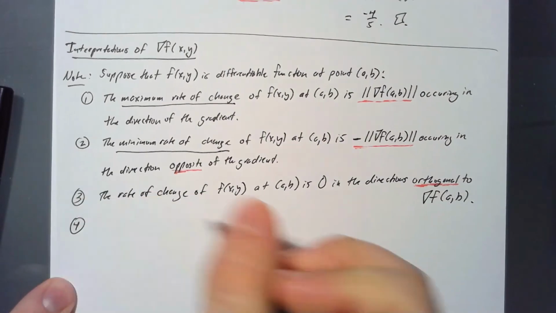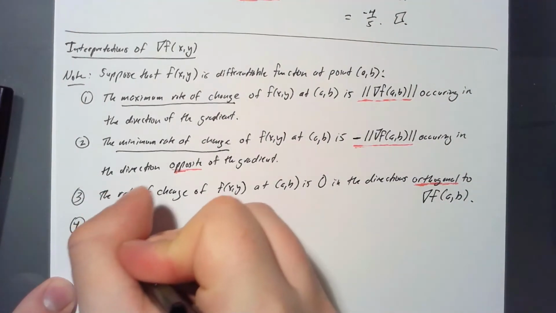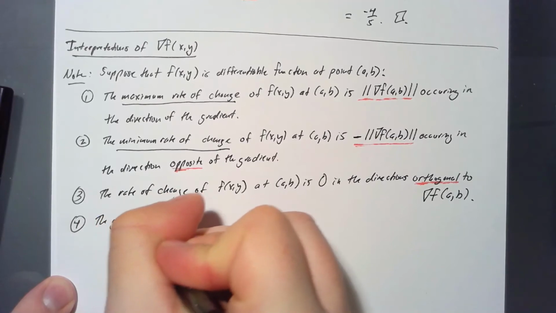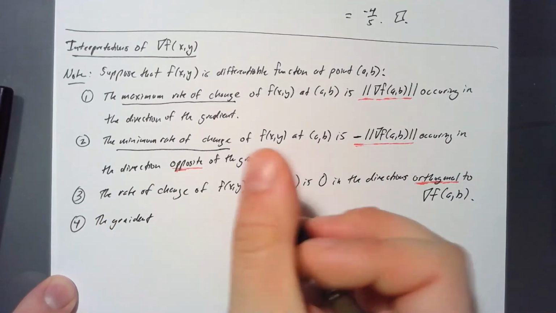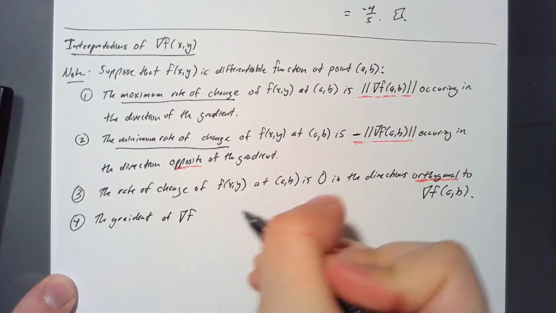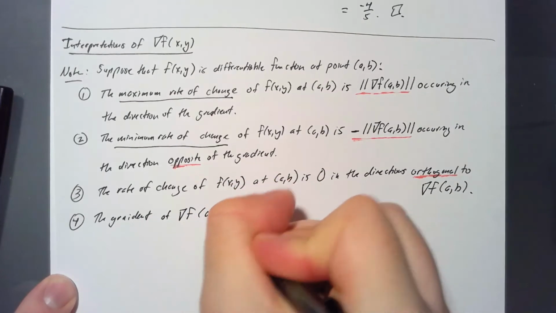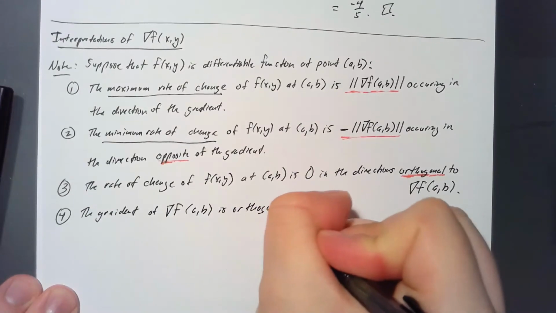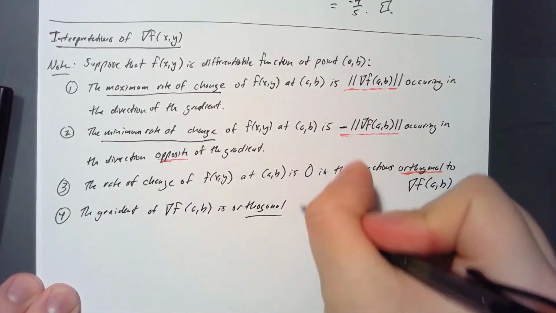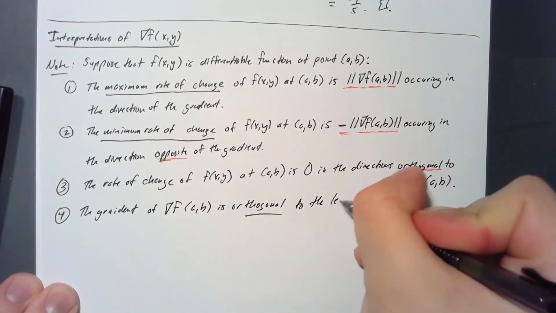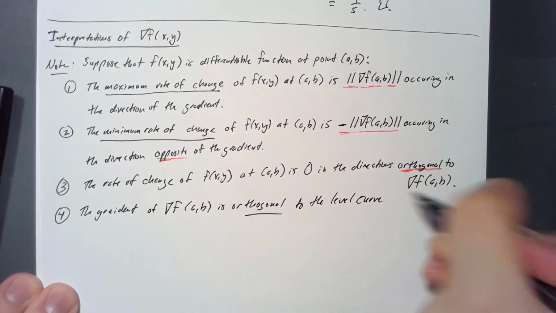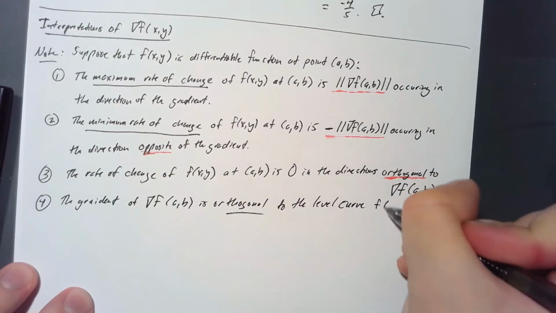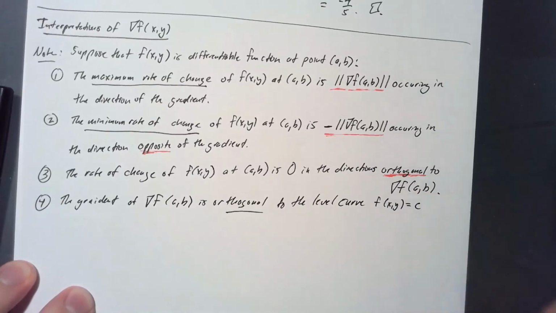The fourth thing, the gradient of f at (a, b) is orthogonal to the level curve f of x, y equals c.